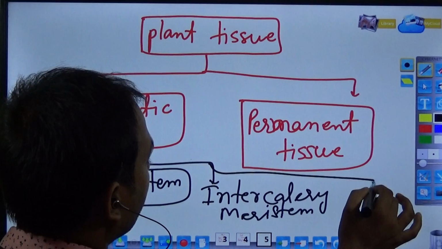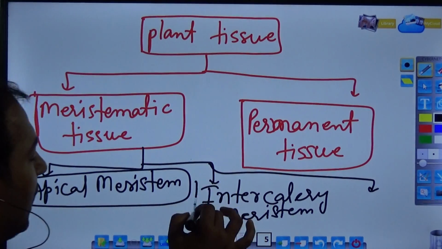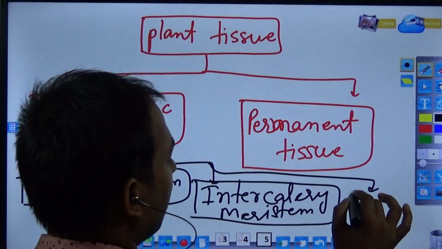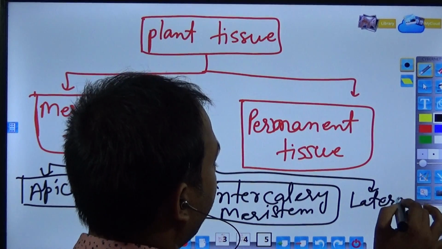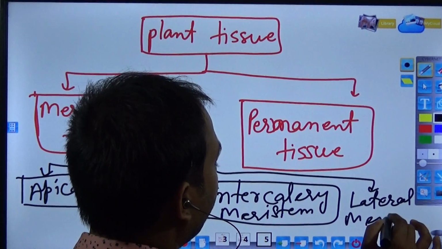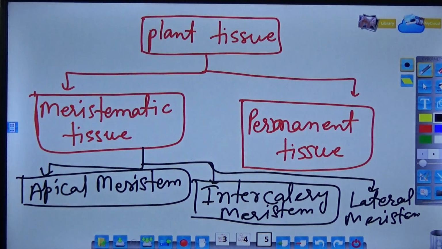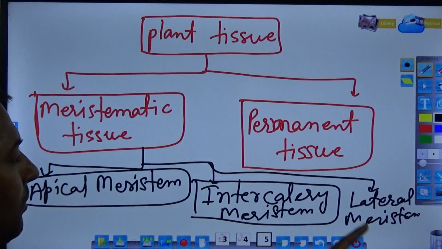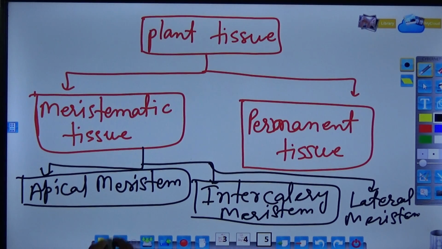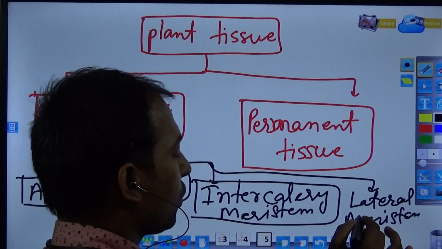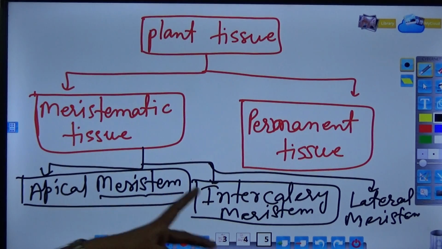And third, lateral meristem. Okay, about the spelling of meristem. So this is the type of meristematic tissue.